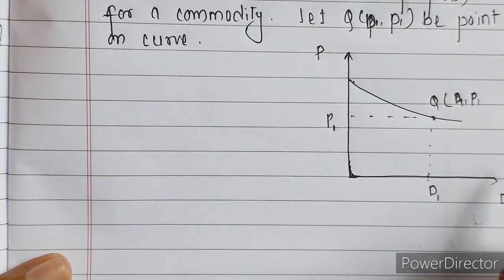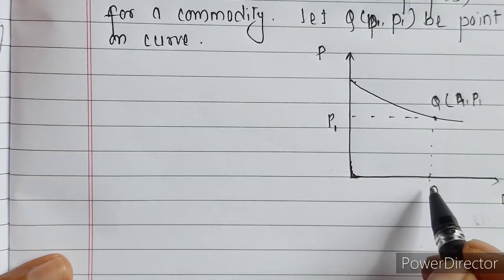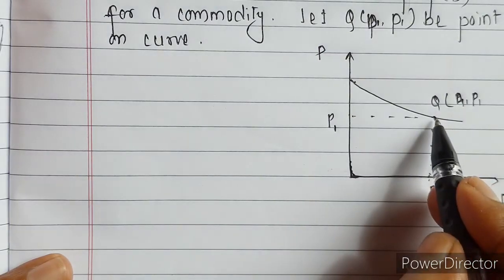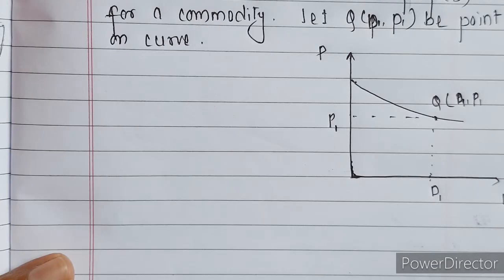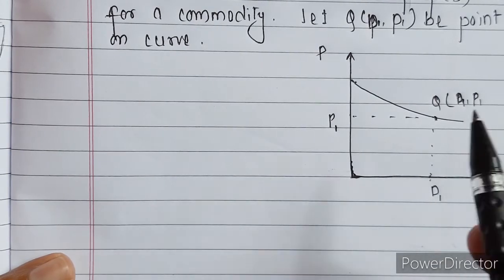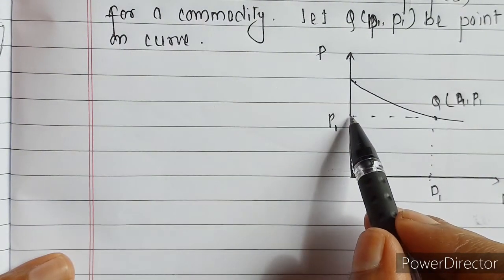Now assume that there is some commodity, and for that particular commodity, suppose demand is D1 and the price is P1. But whenever we go to market, consumers are ready to pay more than this P1.